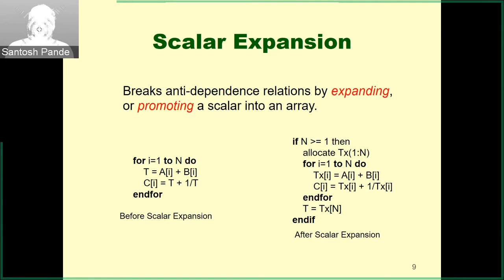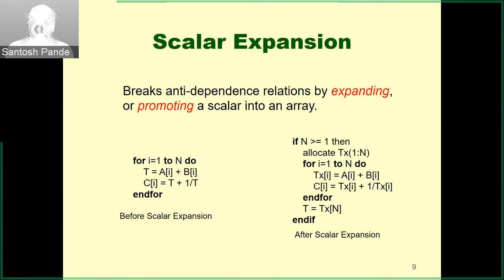That is why it is called privatization of the variables which introduce this unfortunate anti-dependence. They could simply be given a different namespace by allocating them locally, and that takes care of the anti-dependence. Privatization means everybody having their own copy of T, which allows us to implement this flow dependence in parallel. So that is a very useful transformation.